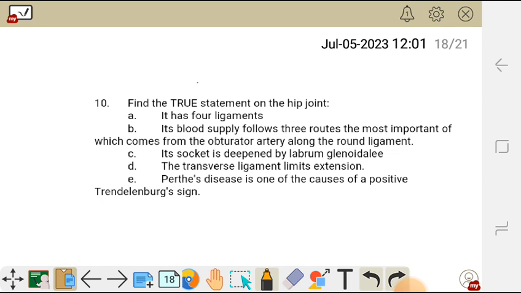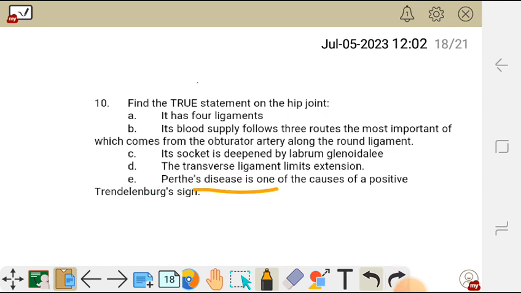And D, the transverse ligament limits extension. E, Perthes disease is one of the causes of a positive Trendelenburg sign. So question 10, the true statement on the hip joint is E.